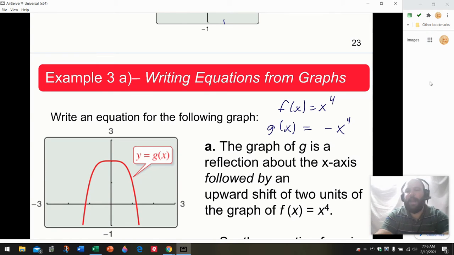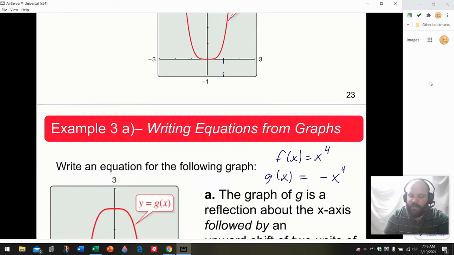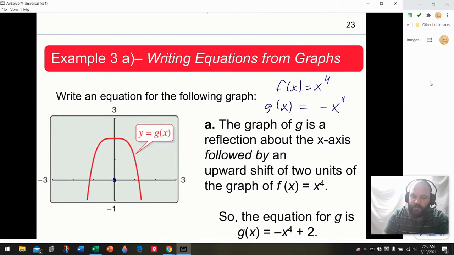The other thing that happened with this graph is that the vertex is no longer at the origin. It is shifted up 2 marks. So now we have to think about what causes a shift up by 2. Vertical shifts are accomplished by being outside of the function and adding or subtracting, and vertical shifts go the way you think they should go.